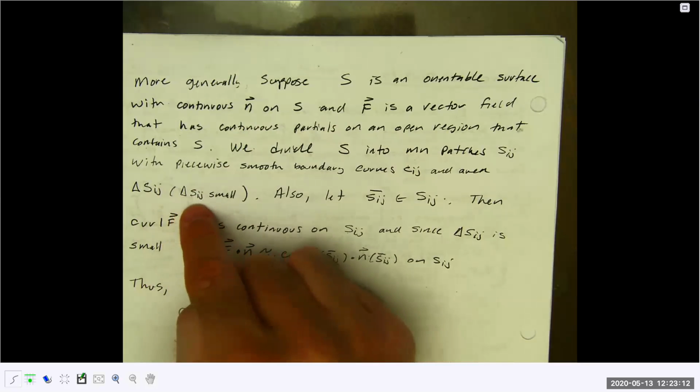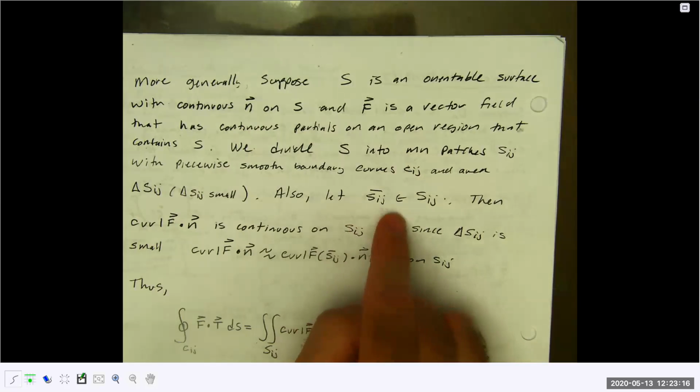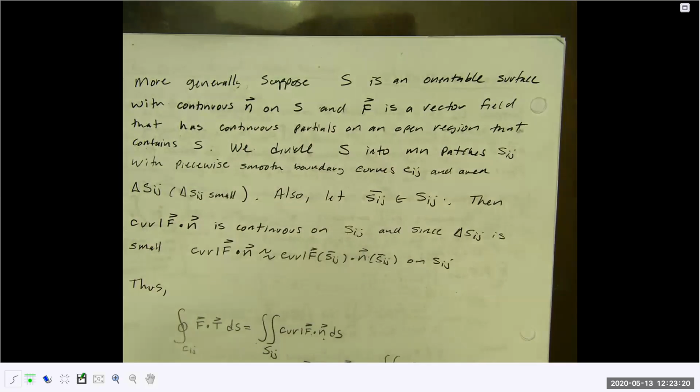And we're assuming that it has small area. Also, we're going to let S_ij bar be something in the S_ij patch.